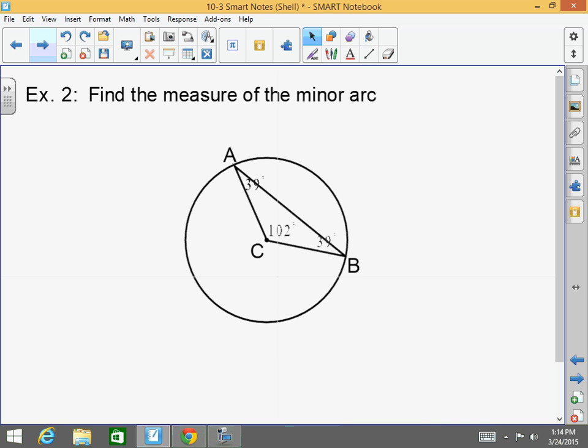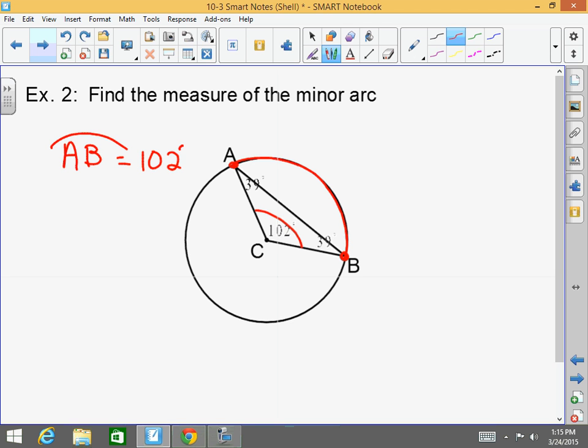Okay. Find the measure of the minor arc. The minor arc here is AB. Isn't the central angle 102 degrees? So what would the arc measure of AB be? 102 degrees. That's it. We're not going to talk about arc length yet.